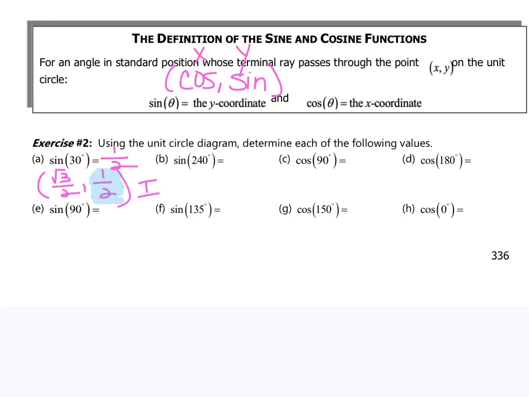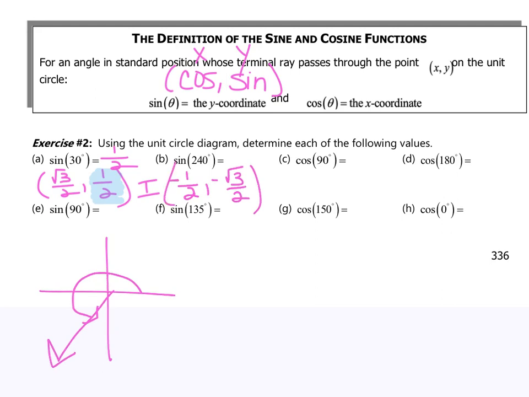So next we have the sine of 240 degrees. Well, 240 degrees has a 60-degree reference angle. And it may be helpful if you need to just kind of sketch a graph, right? 240 is here, so that's quadrant 3. So a 60-degree angle is 1/2, negative square root of 3 over 2.